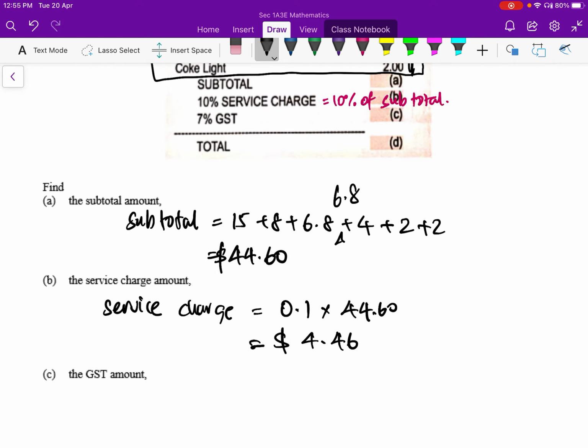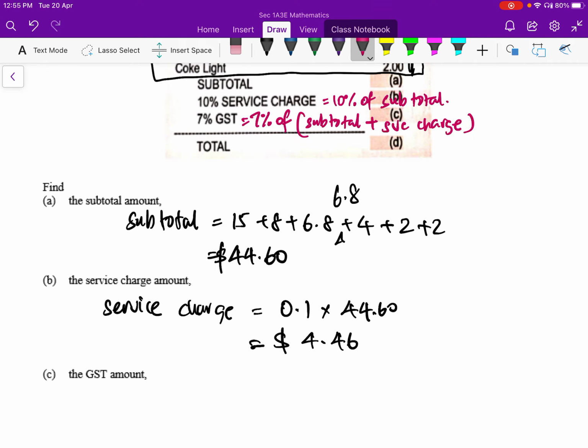The next is the GST amount. GST is 7%. Likewise in the notes, GST is 7% of subtotal plus service charge.